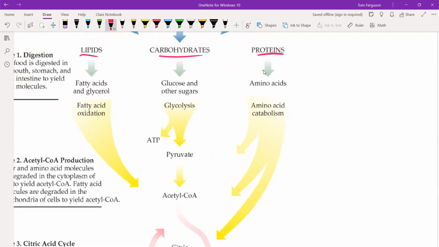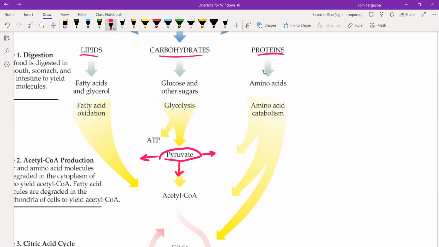We're going to talk about glycolysis here in a minute. And the purpose of that is to produce pyruvate. And that can be used in many directions.